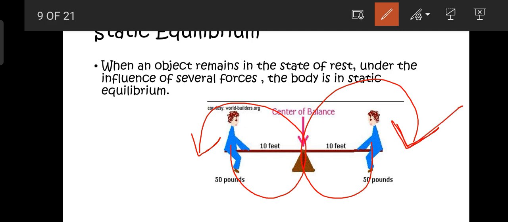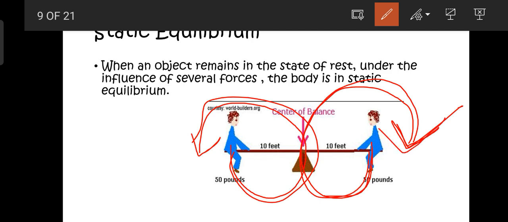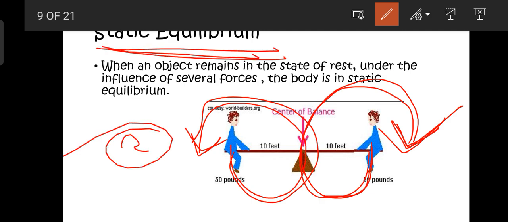Anti-clockwise is equal to clockwise, then only will equilibrium happen. This is the second condition.